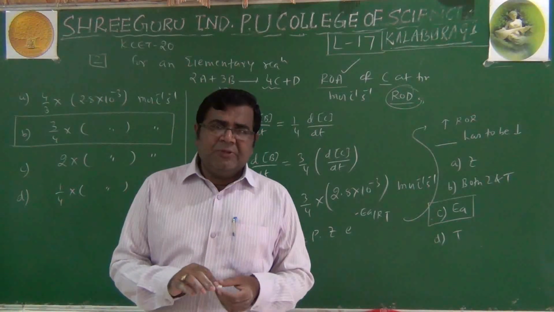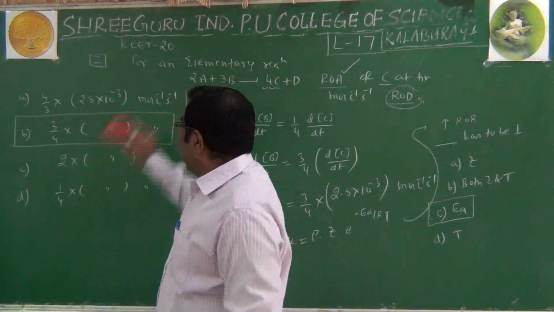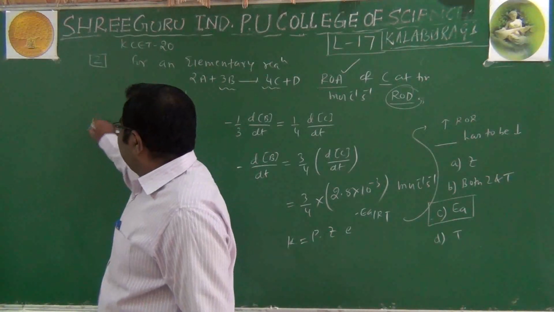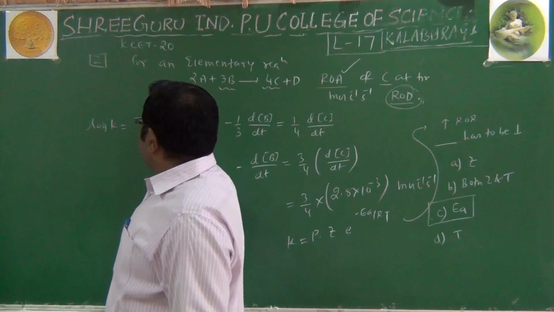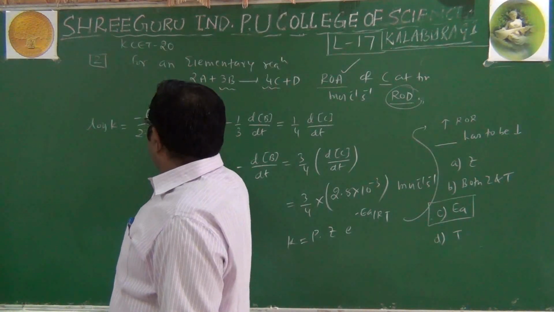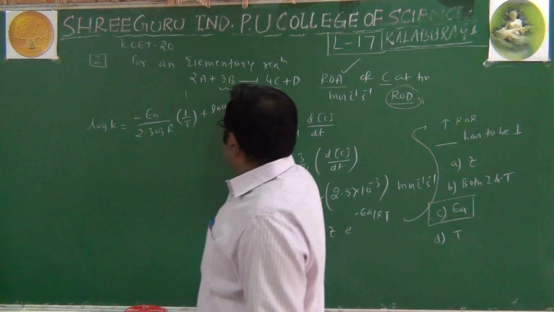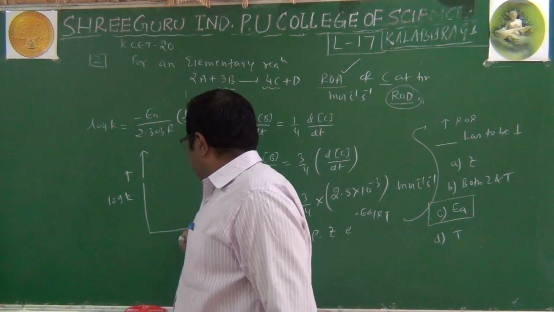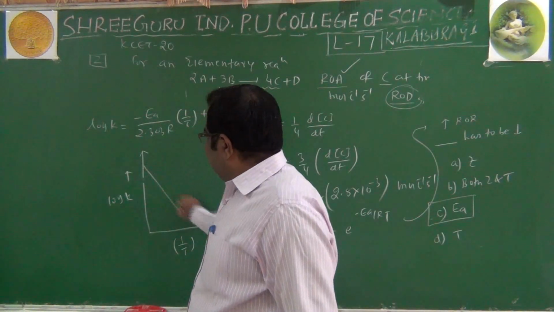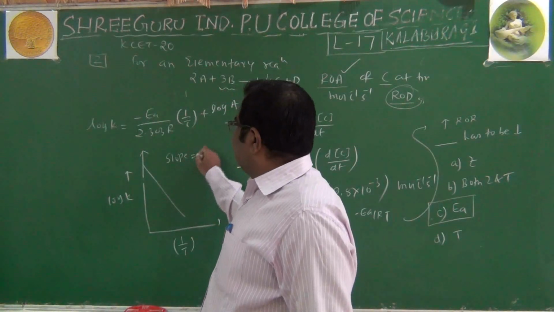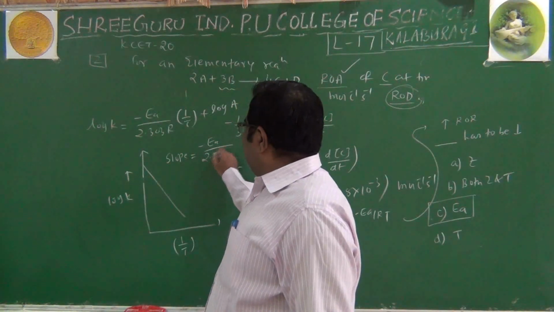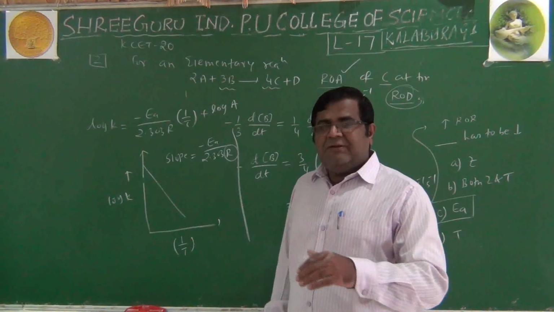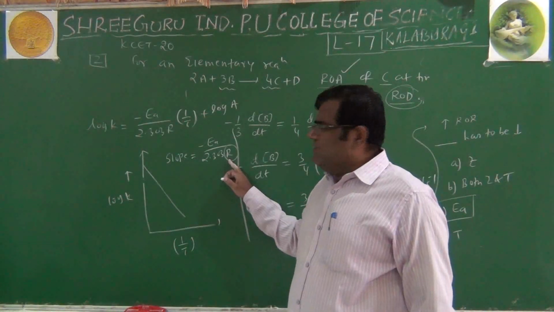Only one thing I want to confess here. When we were plotting the graph of the Arrhenius equation, log K is equal to minus Ea by 2.303 R into 1 by T, plus log A, plotting log K against 1 by T, this slope equals negative Ea by 2.303 R. When I was explaining, I was seeing my video previously, this R I just misread somehow.